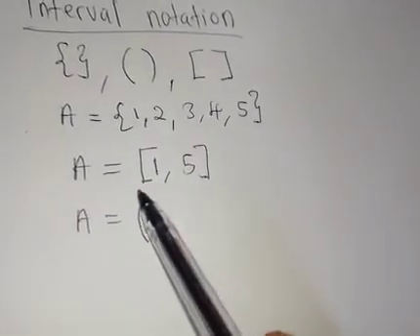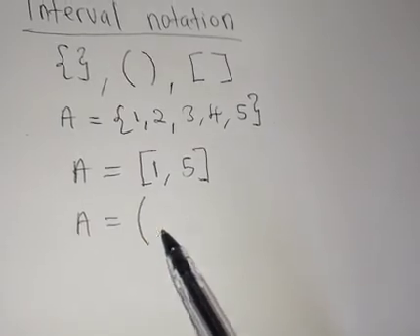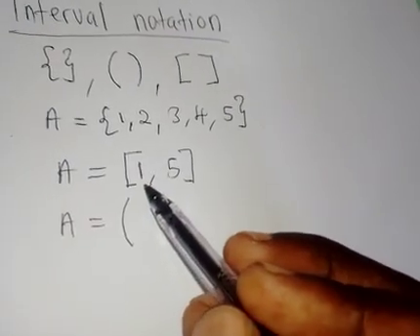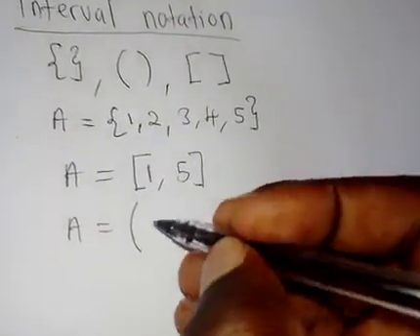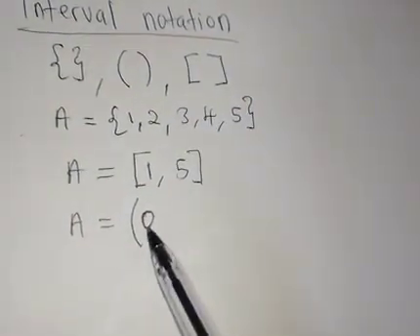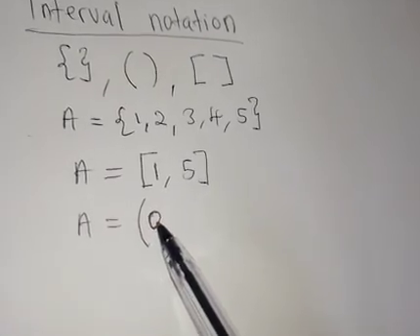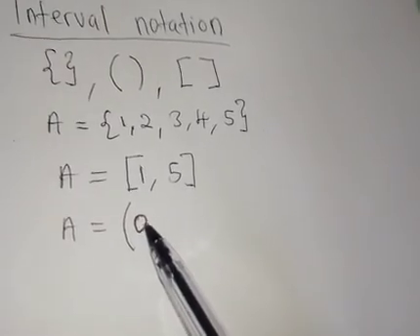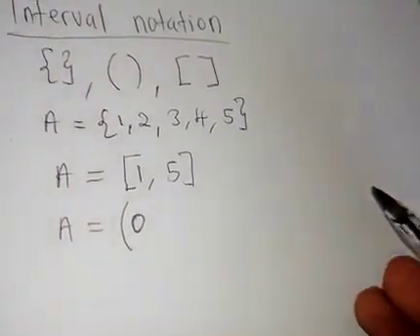Now when you use round brackets, you write the element which comes before the actual element you want. So here we'll write 0. This simply means that 0 is not part of the set, but when you are listing the elements, you start from 1 and so on.